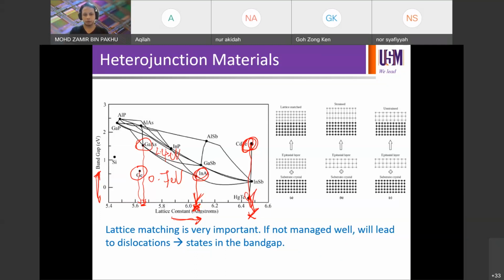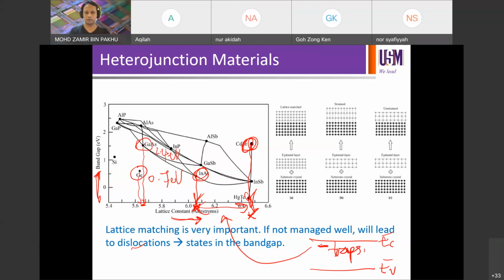If not managed well, it will lead to dislocation and states in the band gap, just like what we drew just now, EC, EV and states in the band gap due to the presence of dislocation. If you combine these two together, you end up with dislocations representing themselves as trap states, and this will suck your carriers from the system eventually.